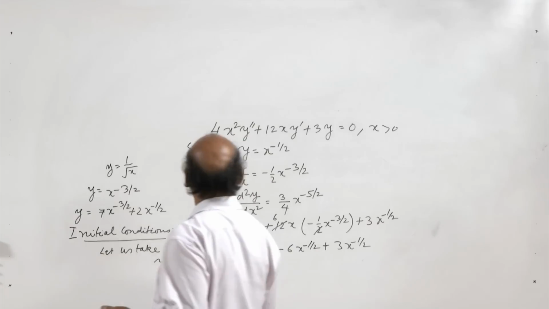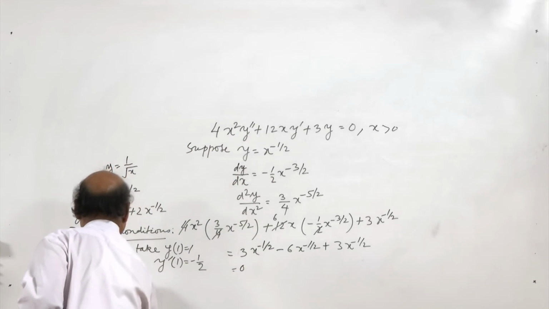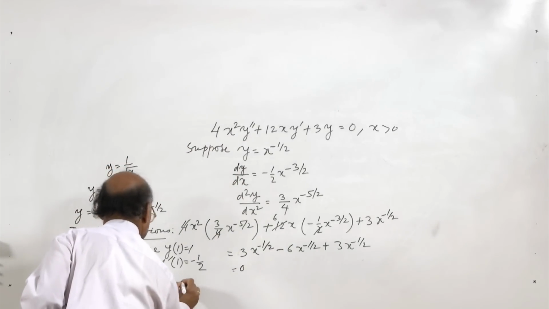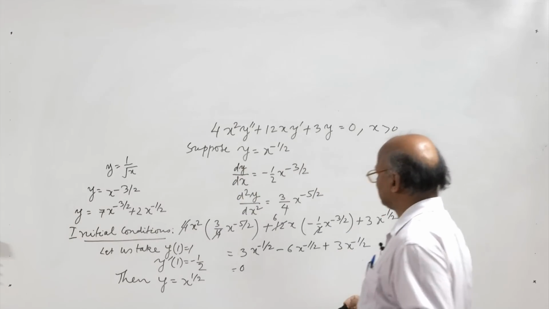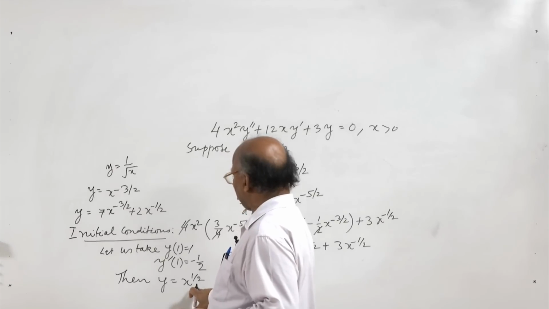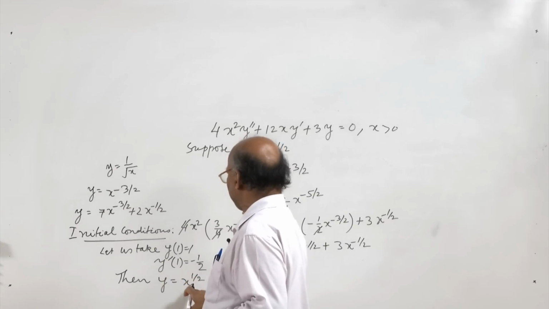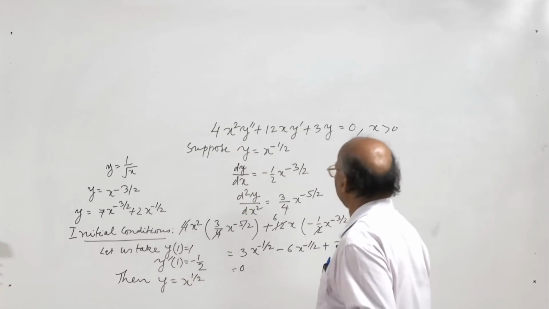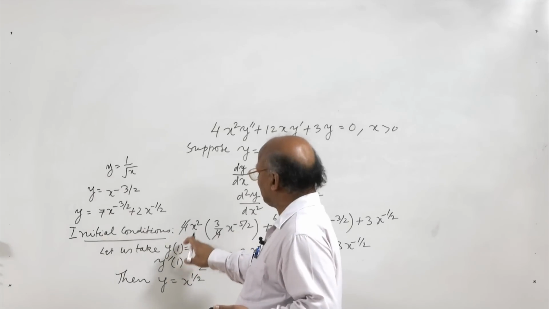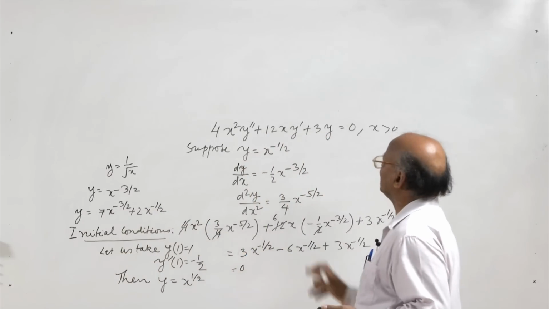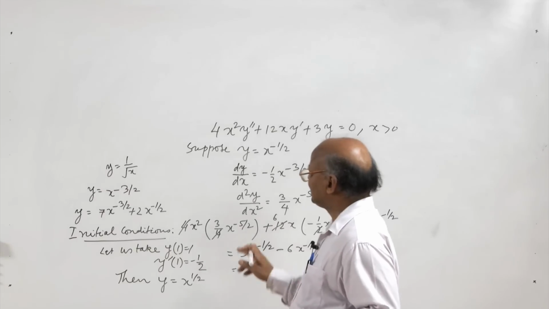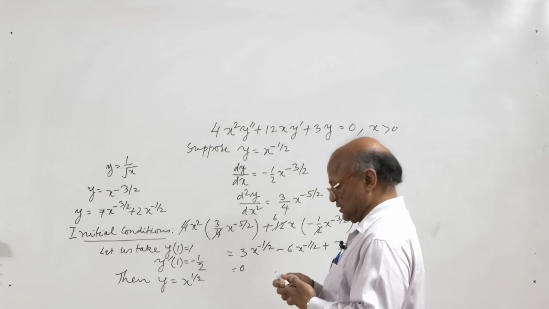Then we can see that y = x^(-1/2) satisfies y(1) = 1 and also y'(1) = -1/2. So y = x^(-1/2) is the only solution of the given differential equation satisfying the initial conditions.